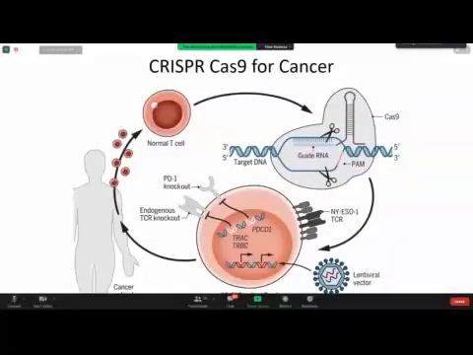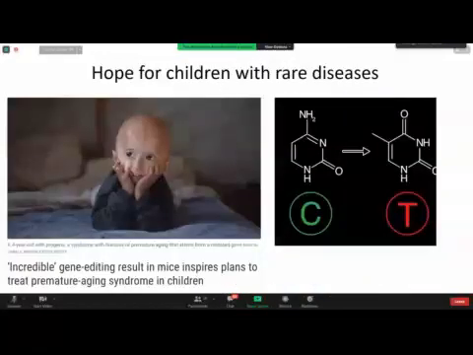For example, in ALS, you take iPSCs from the patient and make neurons from them. But again, a lot of research is needed, such as how to cross the blood brain barrier, but at least it gives us some direction on where we have to move.